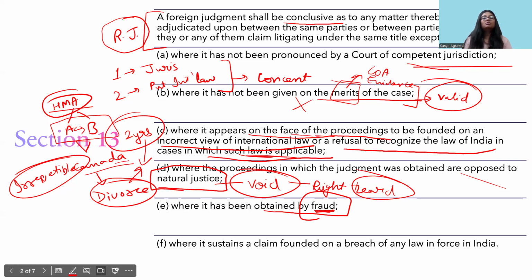That means that particular claim itself is void or invalid under Indian law. For example, if there is a contract on gambling, which is invalid in Indian law but valid in some other countries.